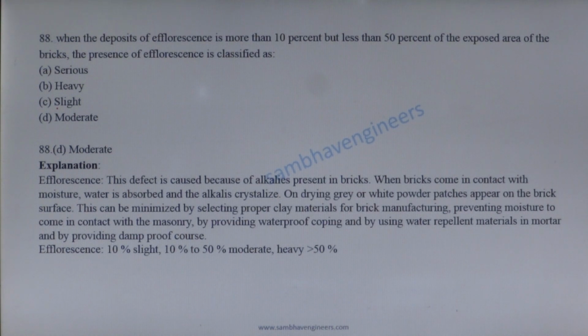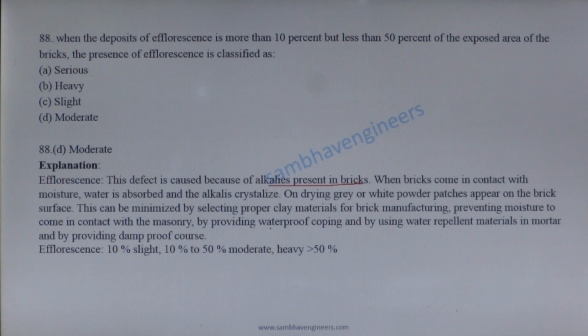When the deposit of efflorescence is more than 10% but less than 50% of the exposed area of the bricks, the presence of efflorescence is classified. Efflorescence in the brick is caused by the alkalis present in the bricks. So, white patches appear on the brick surface.